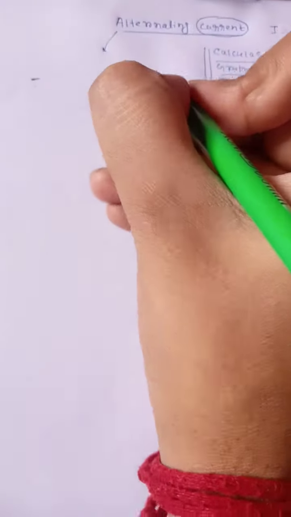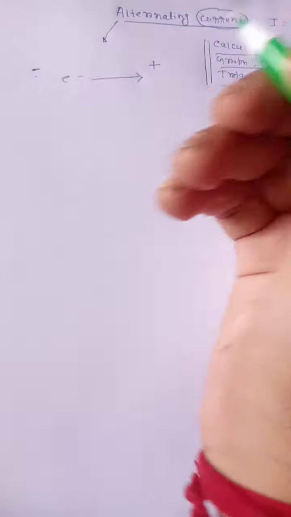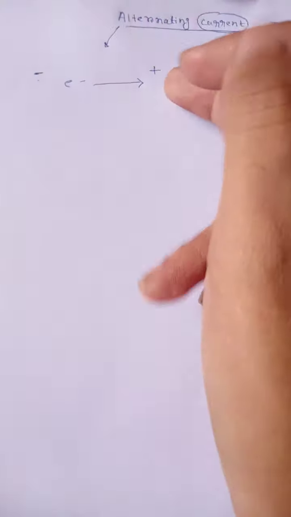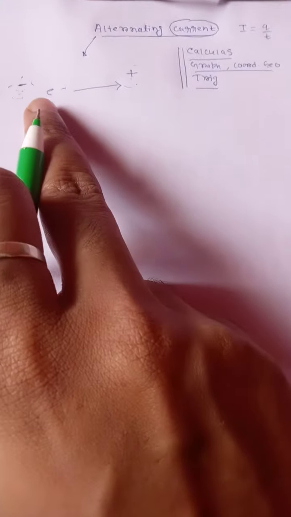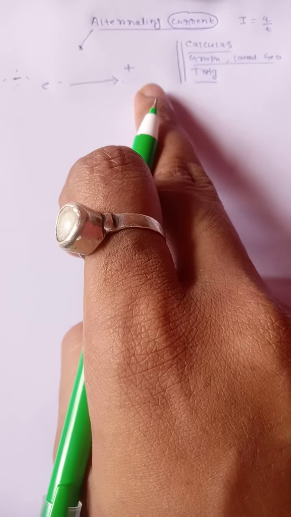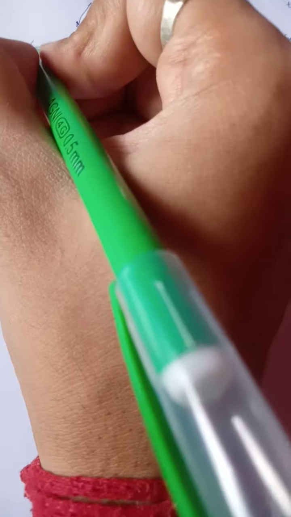If we have a lot of negative charge here and a lot of positive here, electrons flow from negative to positive. That makes sense because there's a deficiency of negative charges there, so negative charge, aka electron, will flow from here to there. Conventional current is in the opposite direction to this flow of electrons.